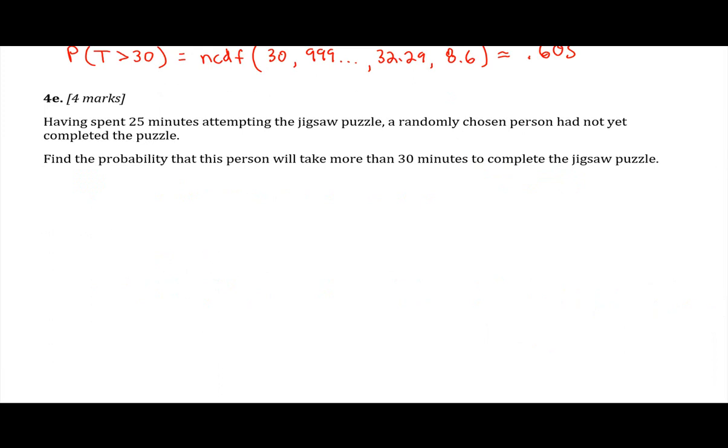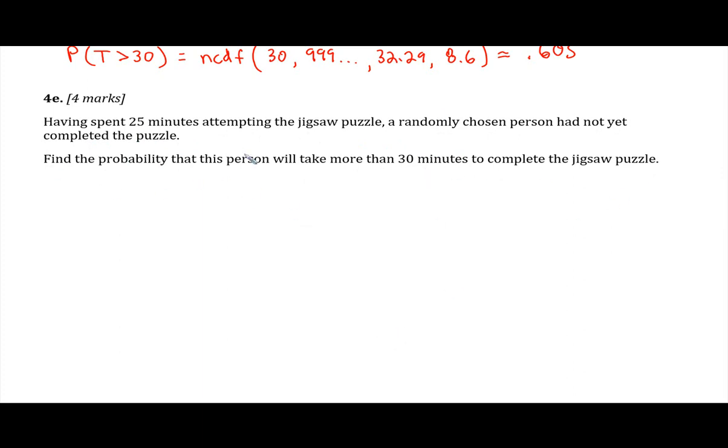All right, so let's take a look at question 4E here. Having spent 25 minutes attempting the jigsaw puzzle, a randomly chosen person had not yet completed the puzzle. Find the probability that this person will take more than 30 minutes to complete the jigsaw puzzle.